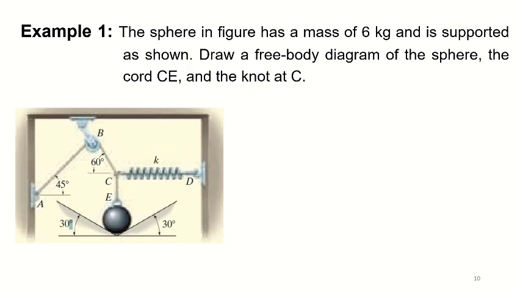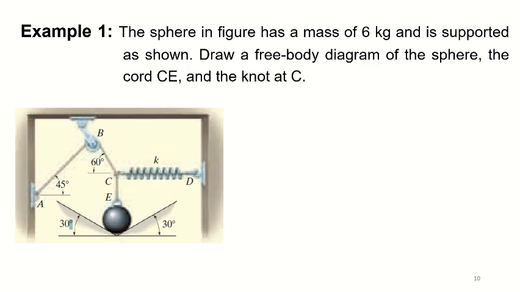CE is a cable and ABC is also a cable, and K is the spring. Draw a free body diagram of the sphere, the cord CE, and the knot at C.